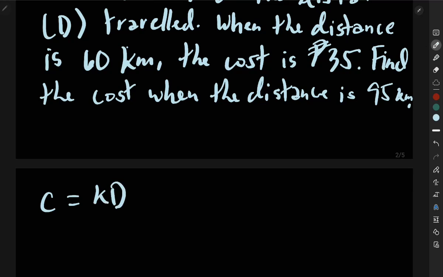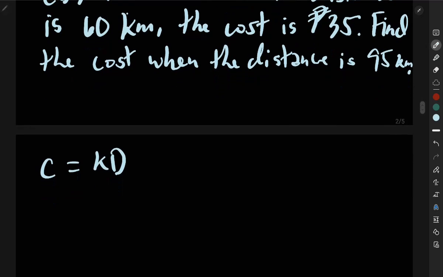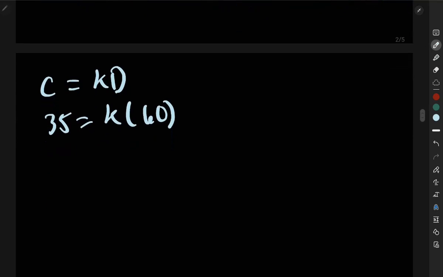Use capital letter D since it's in the given. And we're gonna solve for the K first. When the distance is 60, so D is 60, the cost is 35 pesos. So we'll put 35 for the C. Let's solve for the K.